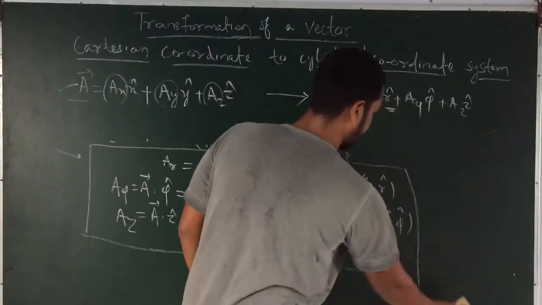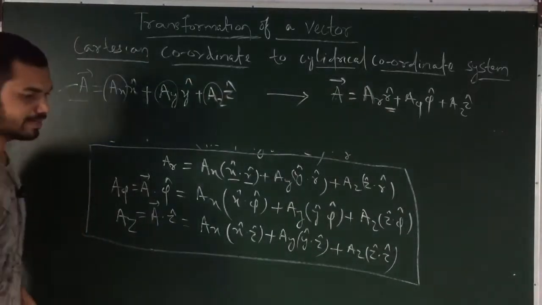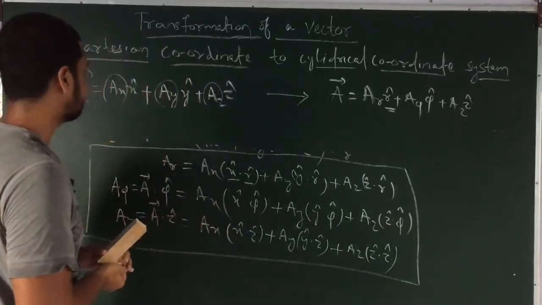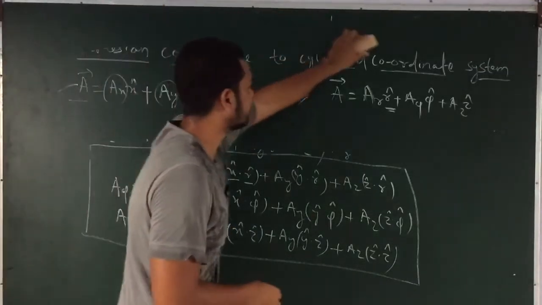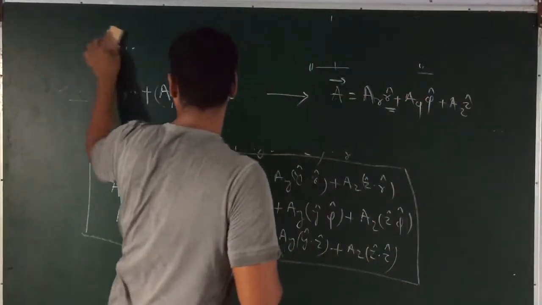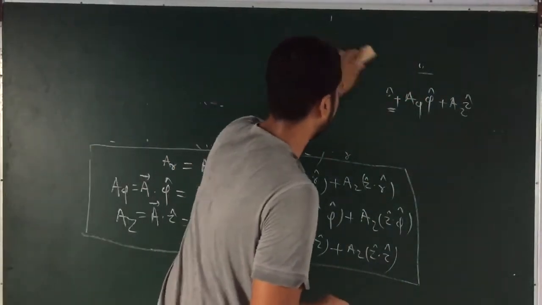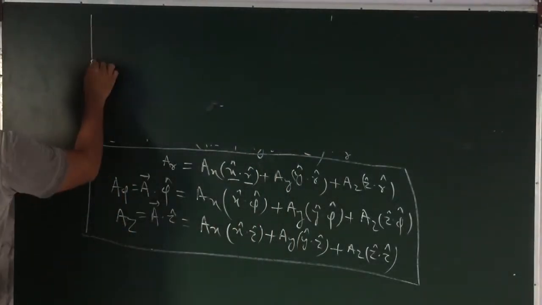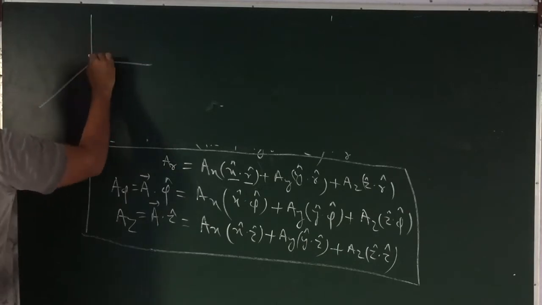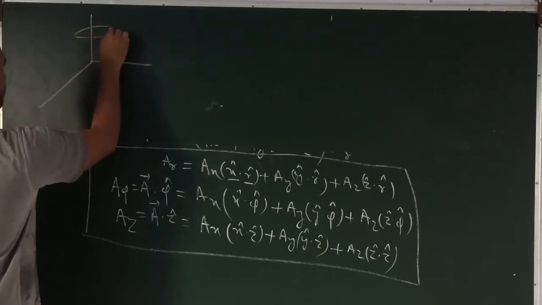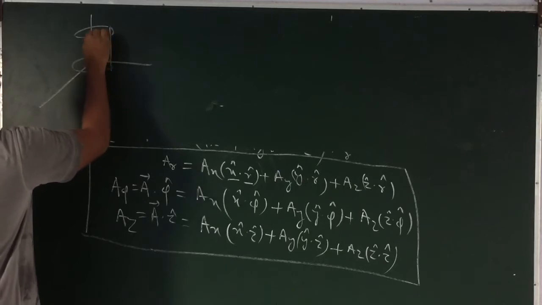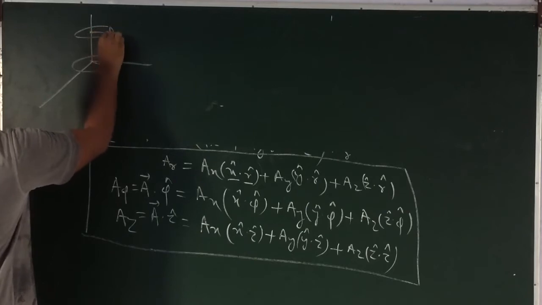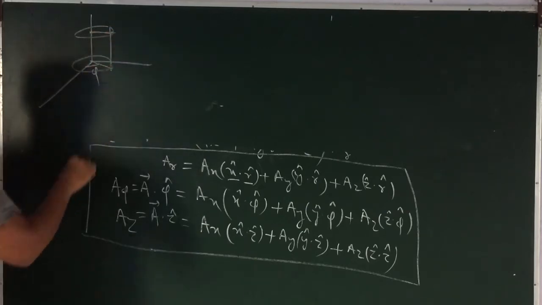To calculate, let's again draw the diagram that I have already explained in the video lecture of cylindrical coordinate system. So in cylindrical coordinate system, this was your cylinder, this is R, and this was the angle phi.